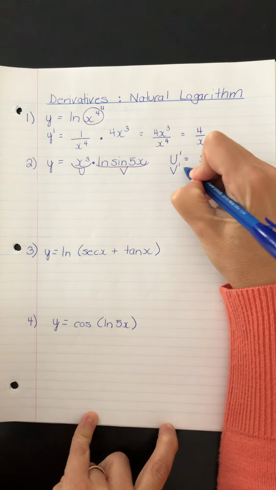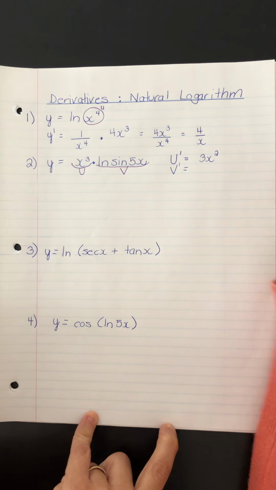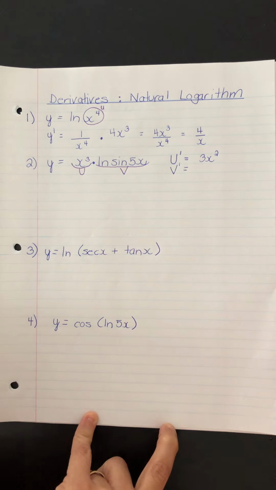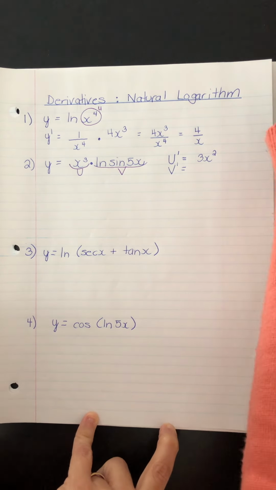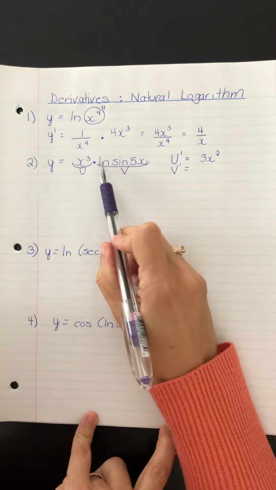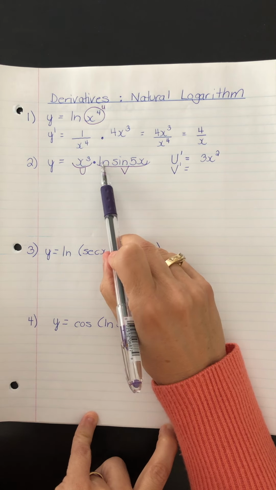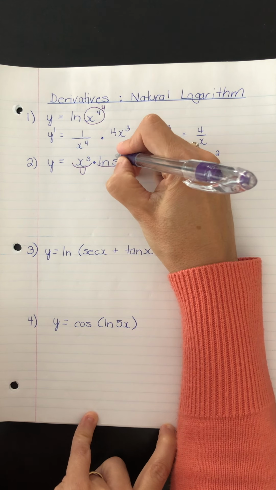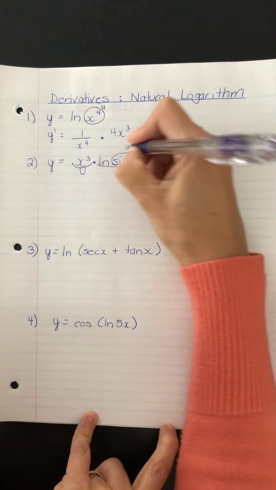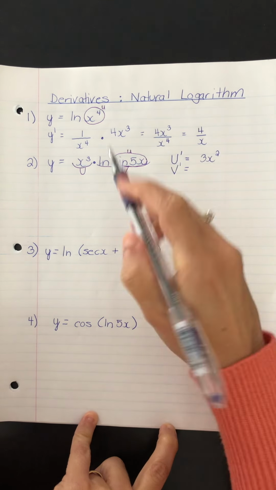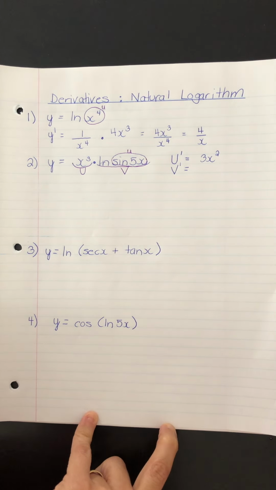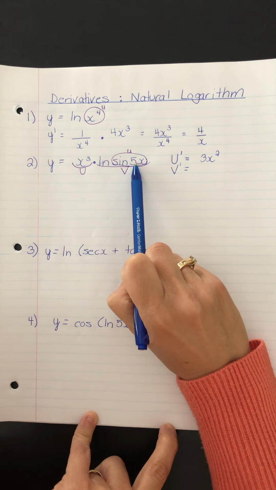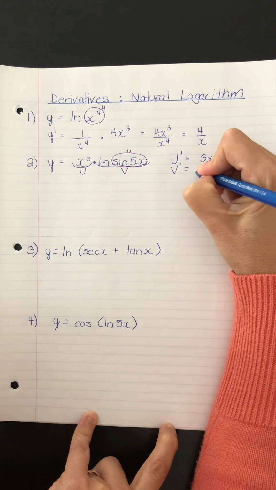Now we have to figure out the derivative of v. What is the derivative of the ln of the sine of 5x? Well, hopefully you realize that this has to be considered to be a ln of a little u. So this part here now is the little u of ln u. And so that means its derivative has two parts. First, 1 over the little u.